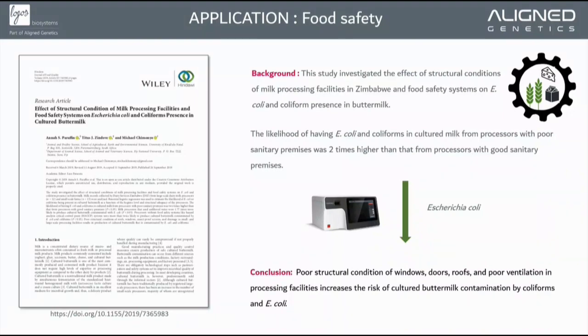Understanding how structural condition of processing facilities and food safety practices affect E. coli and coliforms presence in cultured buttermilk, which is one of the most popular milk products, enables processors and regulatory agencies to put in corrective actions using a cell counter to reduce microbial contamination of cultured buttermilk during processing, especially by small-scale milk processors.